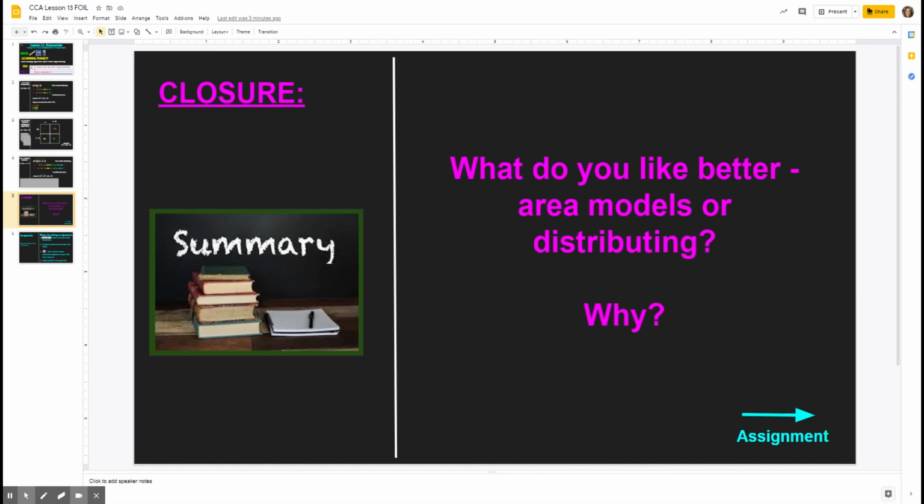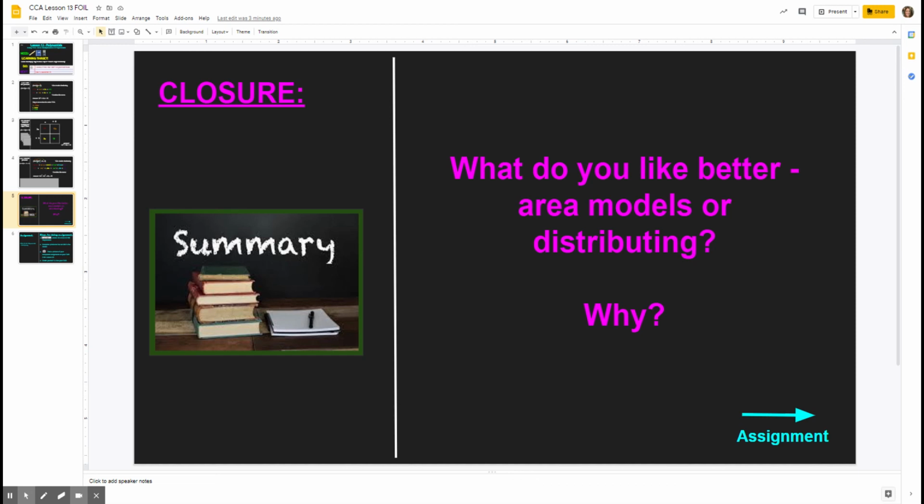I would like to know what you think, so check on that poll. Open that poll up, and let's see what you think. Which one do you like better? Oops, I thought I launched it.